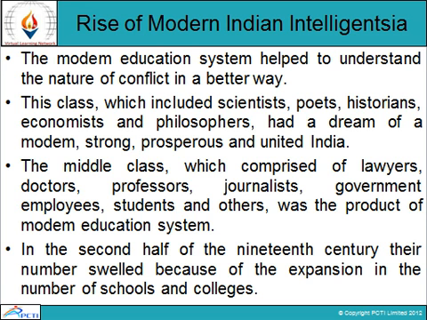The middle class, which comprised lawyers, doctors, professors, journalists, government employees, students, and others, was the product of the modern education system. In the second half of the 19th century, their number swelled because of the expansion in the number of schools and colleges.